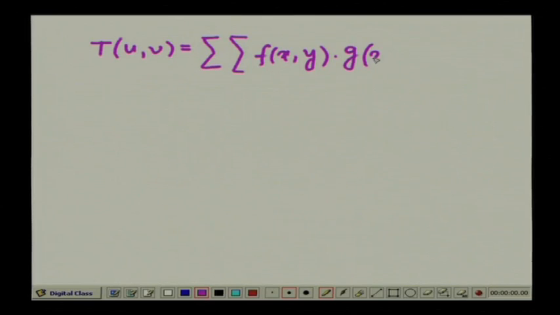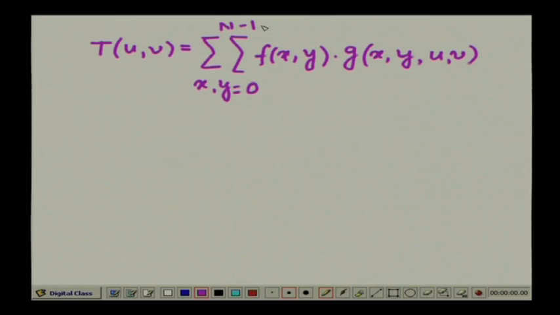If we define a transformation of this form, T(u,v) equals the double summation of f(x,y), where f(x,y) is the two dimensional signal, times g(x,y,u,v), where both x and y vary from 0 to capital N minus 1.